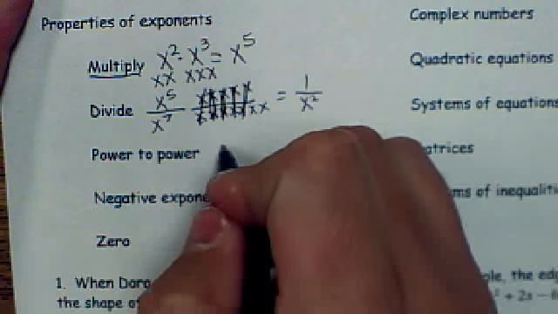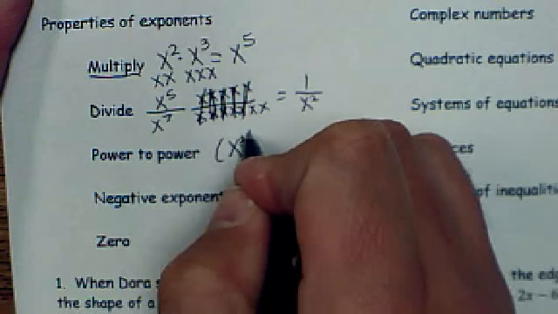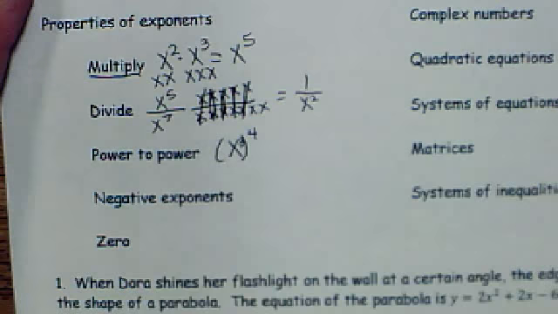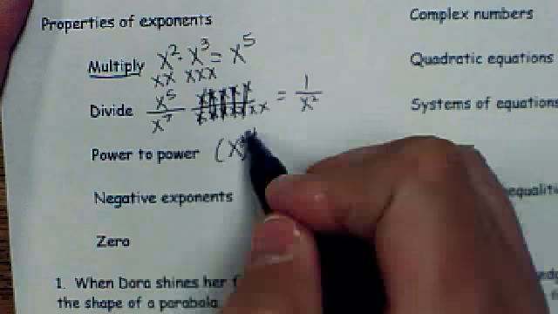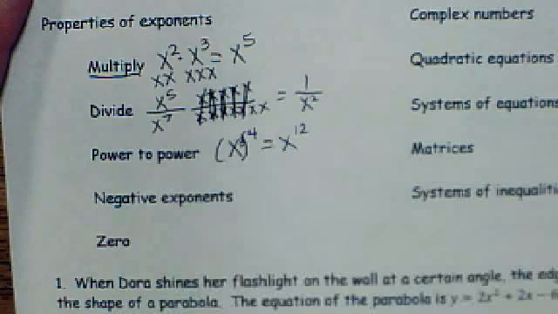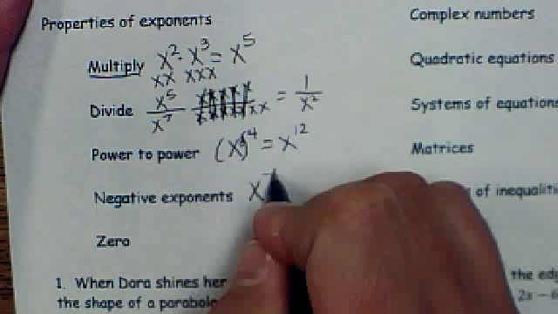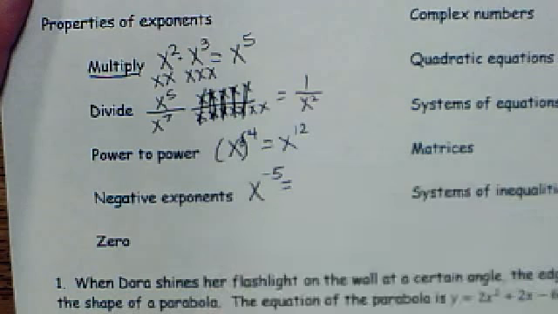Power to power looks like this. If we have x to the third to the 4th power, I think of it like distributive property. I multiply those, and it equals x to the 12th. Negative exponents, if you have x to the negative 5th, you think about putting it over 1, and then you do the reciprocal.